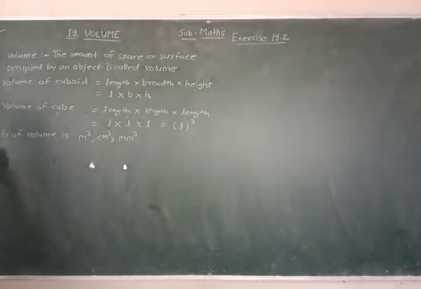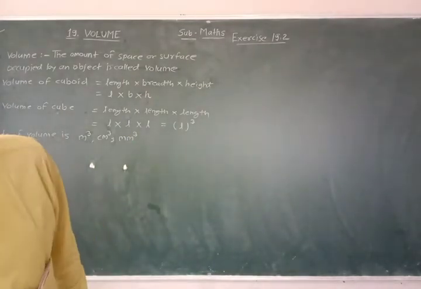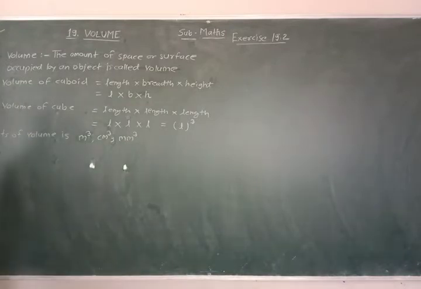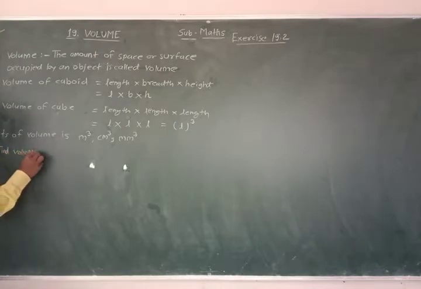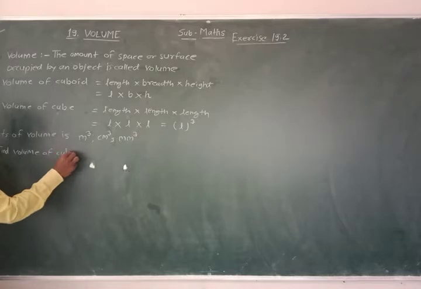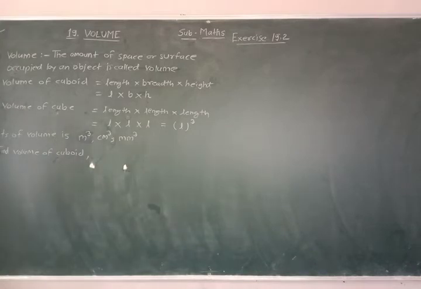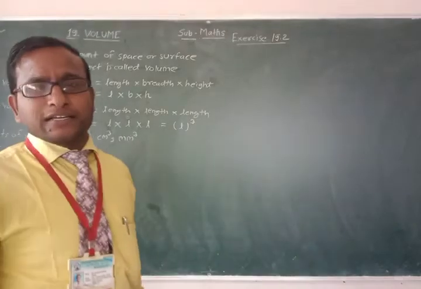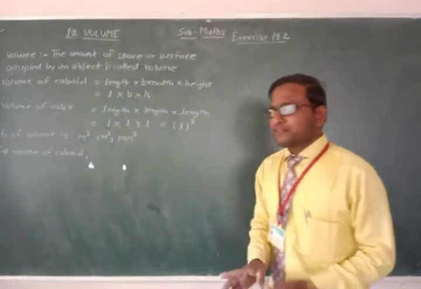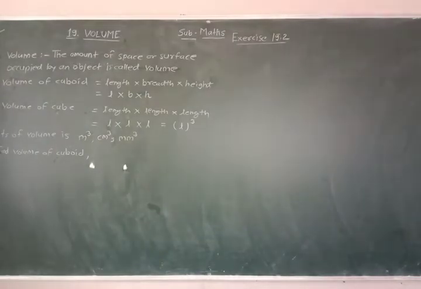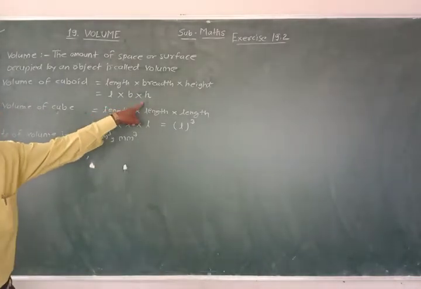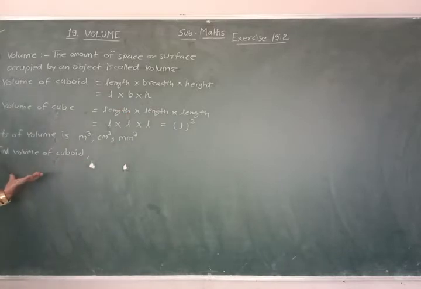The question is: find the volume of the cuboid. How many things are given? Three things are given: length, breadth and height. Then find the volume of the cuboid.